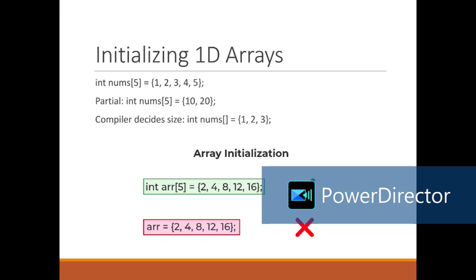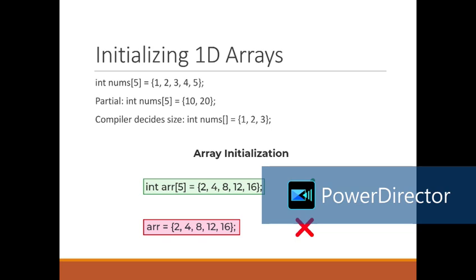We can also do partial initialization. If you write int nums[5] = {10, 20}, the first two elements will be set to 10 and 20, while the remaining elements will be automatically initialized to 0. If you omit the size, like int nums[] = {1, 2, 3}, the compiler will count the elements and allocate the array accordingly.